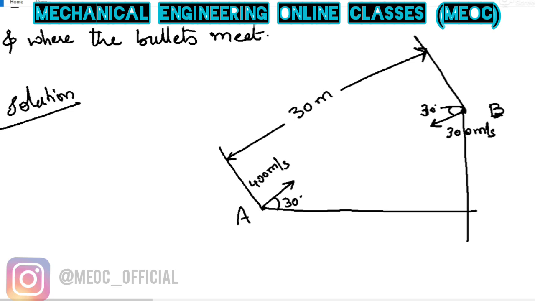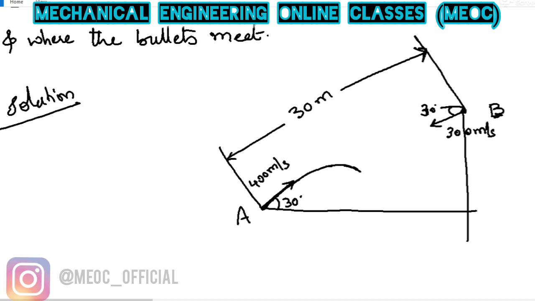Now let the bullets meet at a point, say M. Now the bullet has come from A, so it will take a projectile path, trajectory path. Say it will come down here.